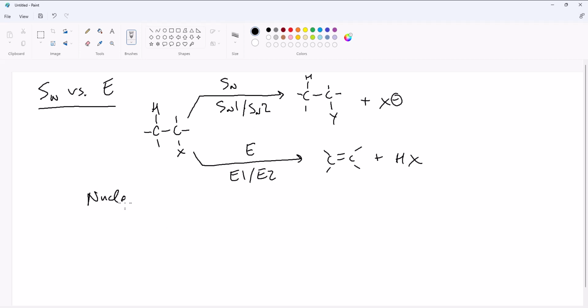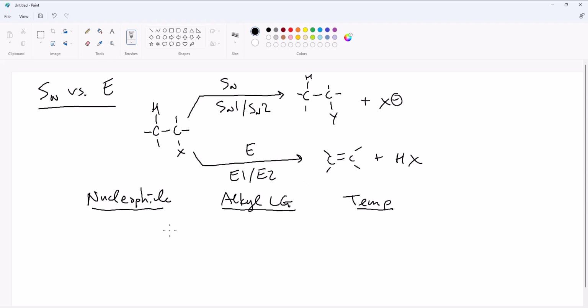It comes down to nucleophile, so what we're actually attacking with. It comes with the alkyl leaving group, so whether that be an alcohol or a halide. And it really comes down to temperature.